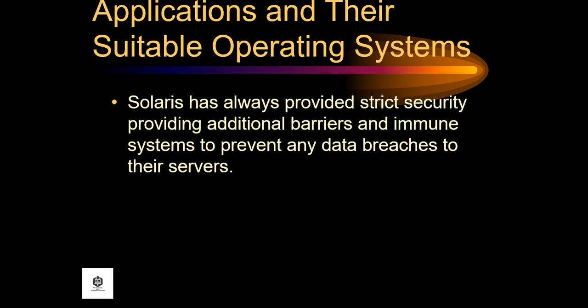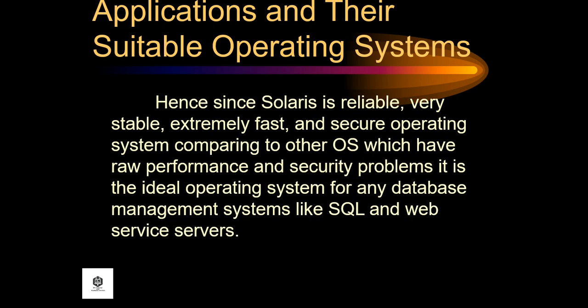Solaris has always provided strict security, providing additional barriers and immune systems to prevent any data breaches to their servers. Hence, since Solaris is a reliable, very stable, extremely fast, and secure operating system compared to other OSes which have low performance and security problems, it is the ideal operating system for any database management systems like SQL and web servers.